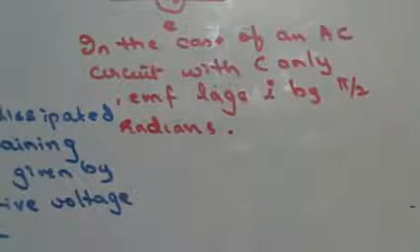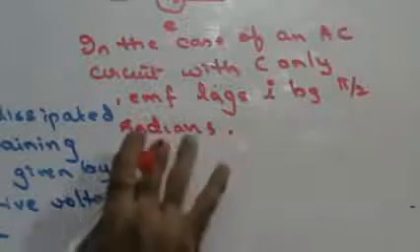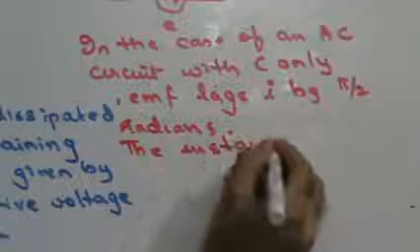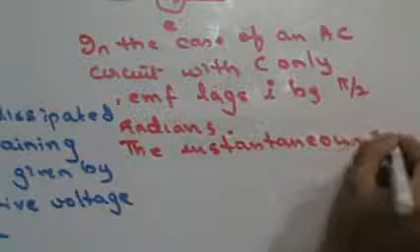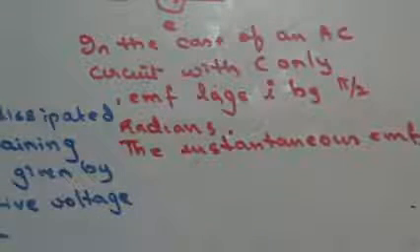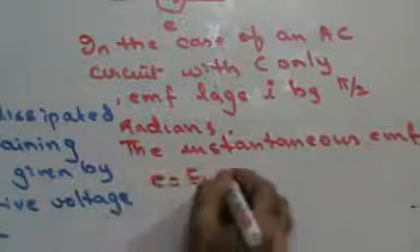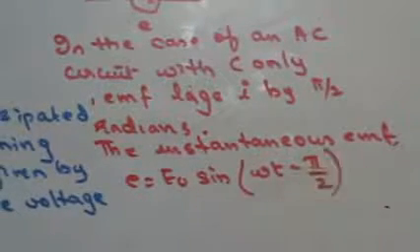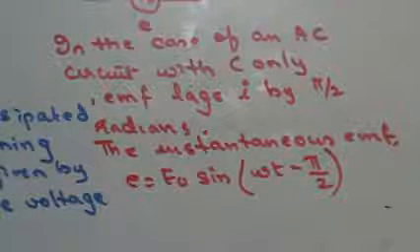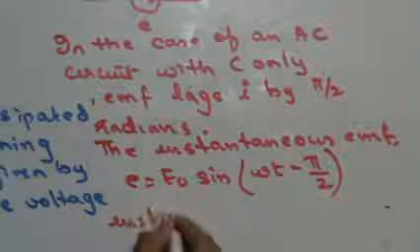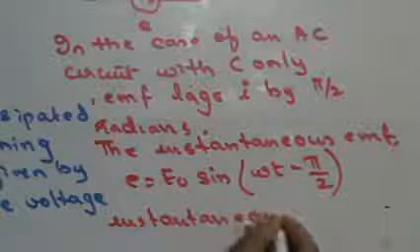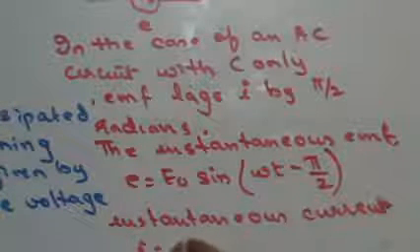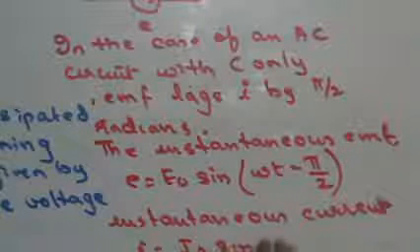So the instantaneous EMF E can be written as E is equal to E0 sine omega t minus pi by 2, since it lags the current, right? And the instantaneous current I is going to be equal to I0 sine omega t.